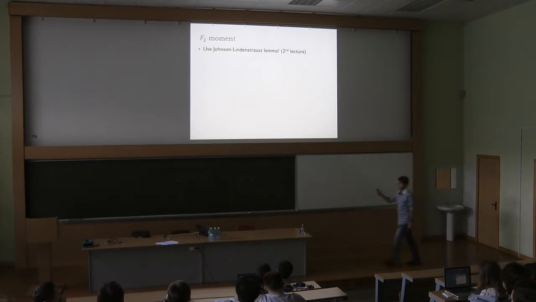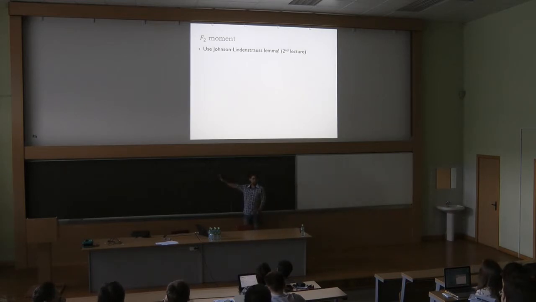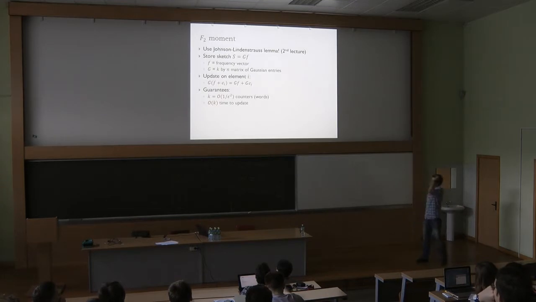This is one way to do it, and this is essentially the Johnson-Lindenstrauss lemma where the output is just one dimension. To write it out exactly, this is something you have seen in the first lecture.